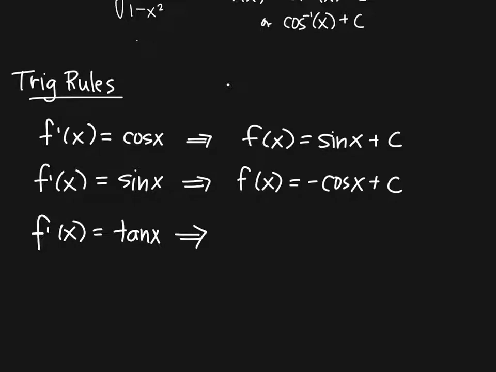Tangent itself is not the derivative of any of our trig functions. So right now, you won't be asked that. You will in the future, later in the chapter, but you won't be asked that yet.